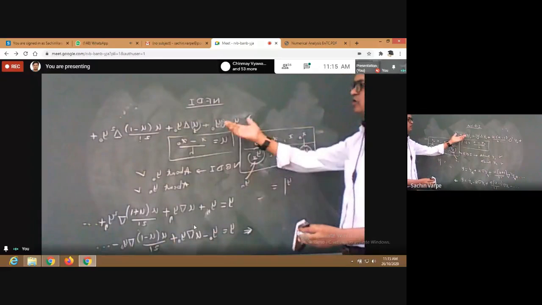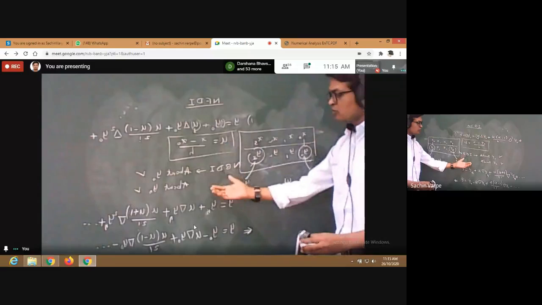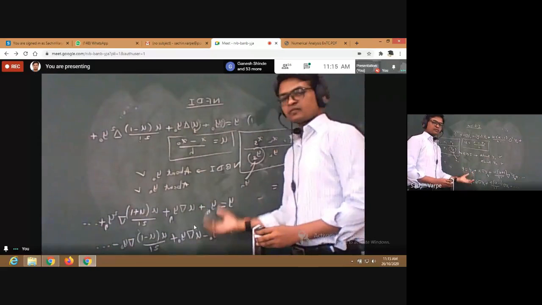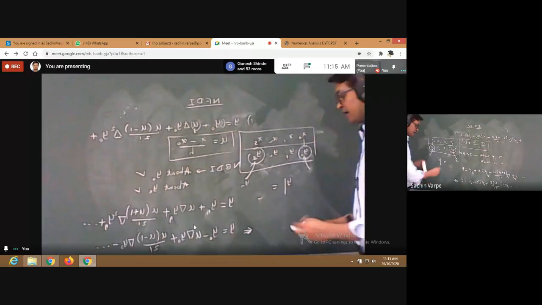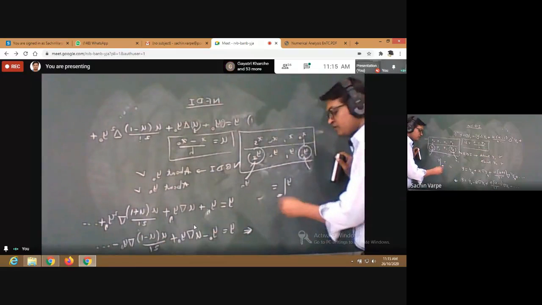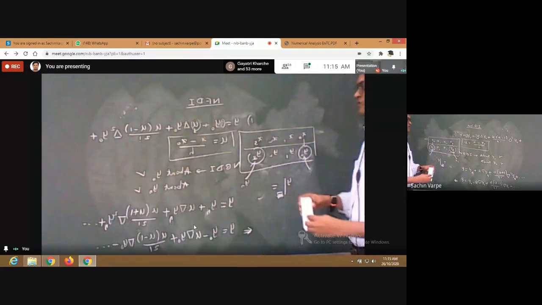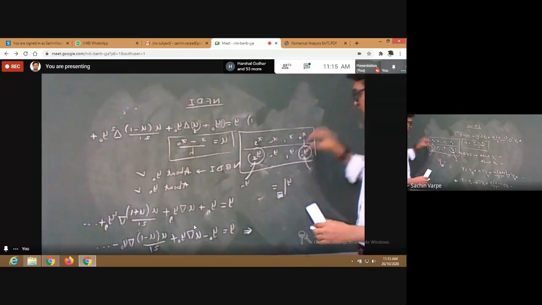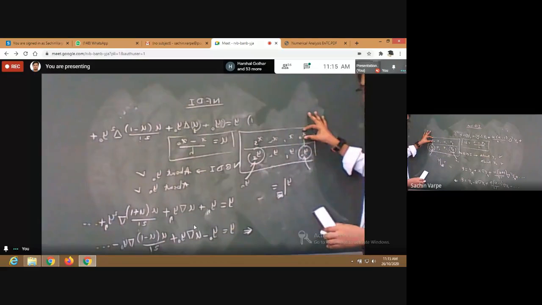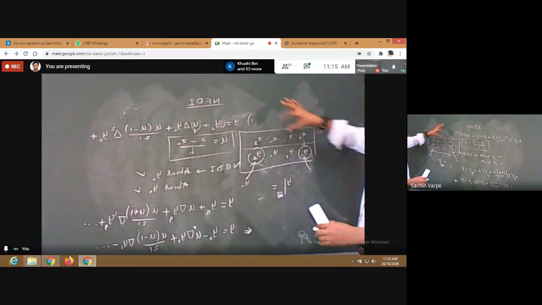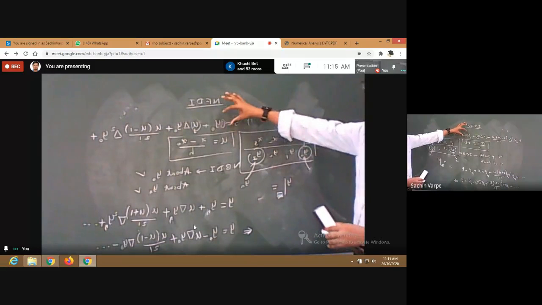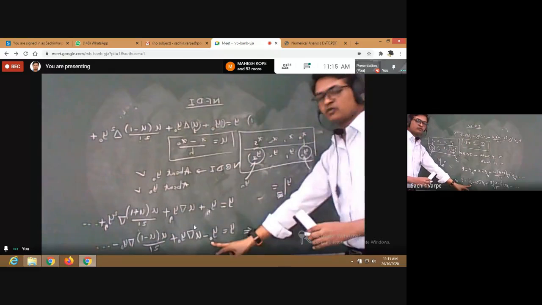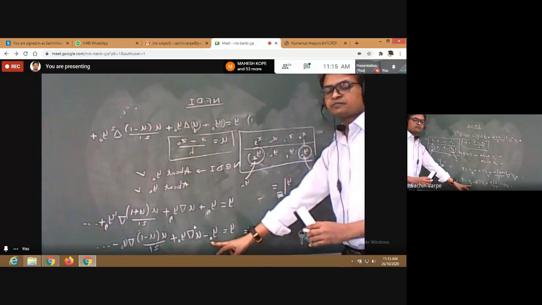We can use either Newton's forward or backward, and in backward also either about point y naught or about point yn. But if x is given, then we have the restriction that if the given value of x is close to x naught, then we have two options: either Newton's forward in terms of y naught or Newton's backward in terms of y naught. Is it clear?